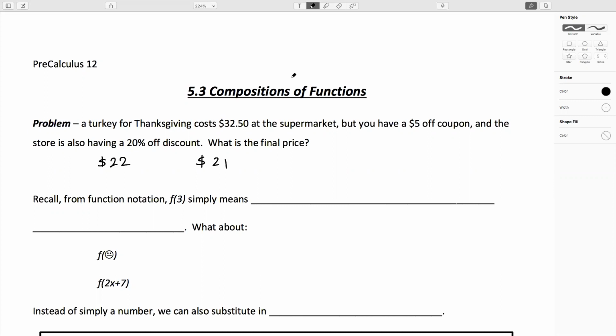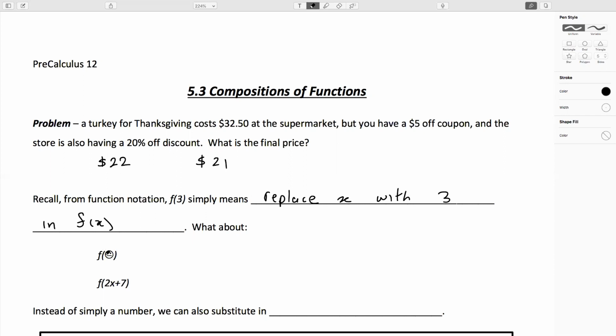If you recall from function notation, f of 3 simply means that we replace x with 3 in f of x. And so we can extend this further, and we can replace x with something other than just a number.